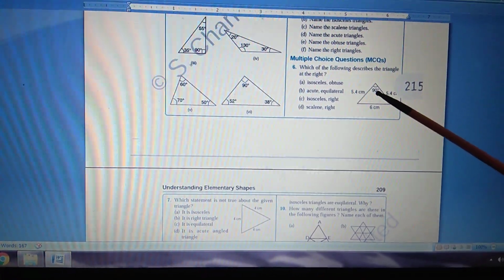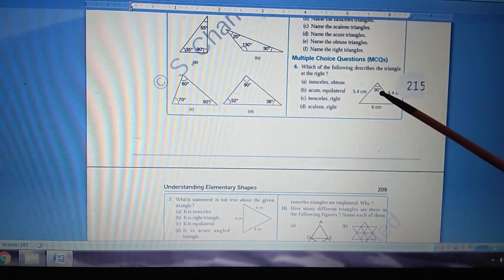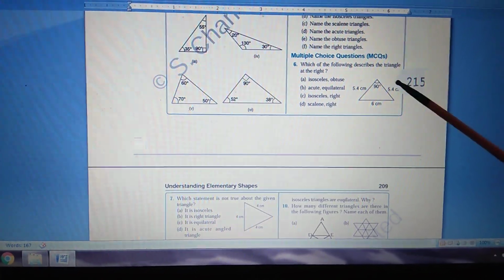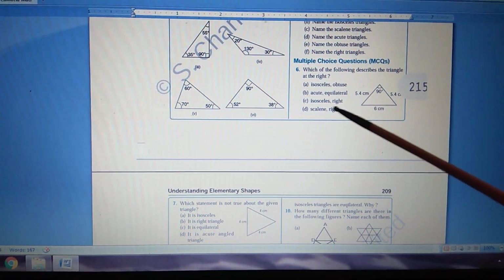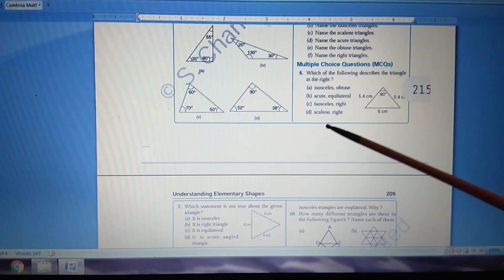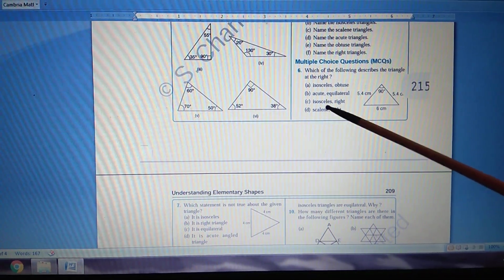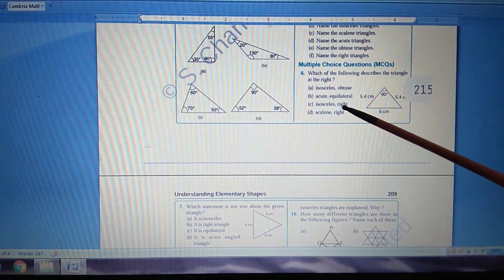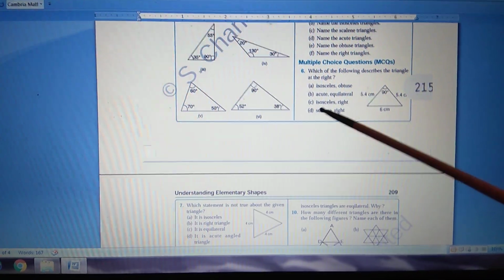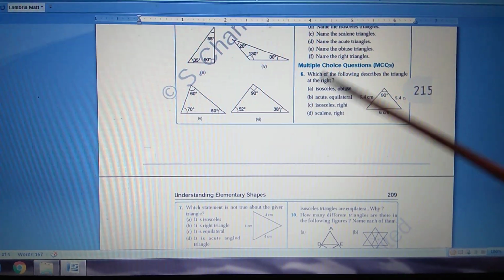Since one angle is 90 degrees, it is obviously a right angle, and 2 sides are equal, which means it is isosceles. So which option contains right angle and isosceles? Let's have a look. It is option C: isosceles and right angle. So we can mark option C.